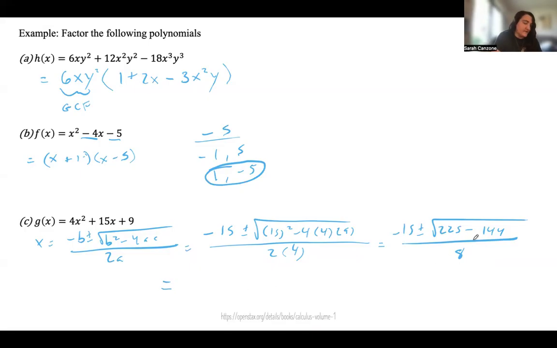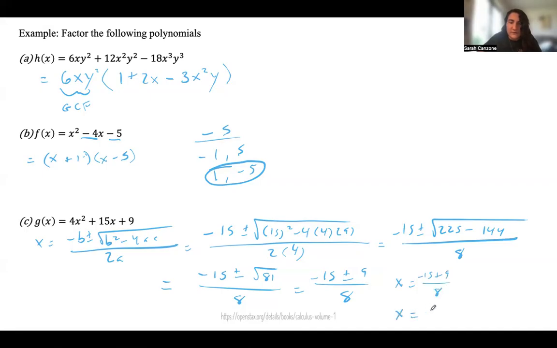All right, so 225 minus 144 gives us negative 15 plus or minus the square root of 81, over 8, which is negative 15 plus or minus 9 over 8. This is where you can now separate it and say, okay, so x equals negative 15 plus 9 over 8, and x equals negative 15 minus 9 over 8.